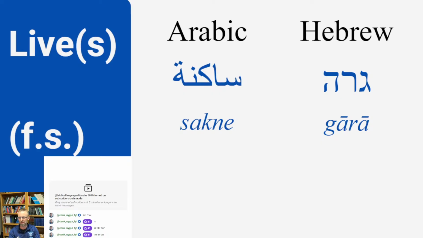And in Hebrew, we have gar becoming gara. So sakne in Arabic, sakin becomes sakne, and gar becomes gara in Hebrew.